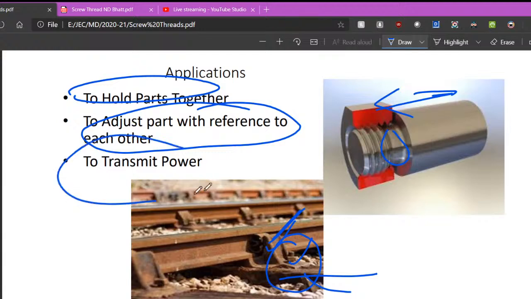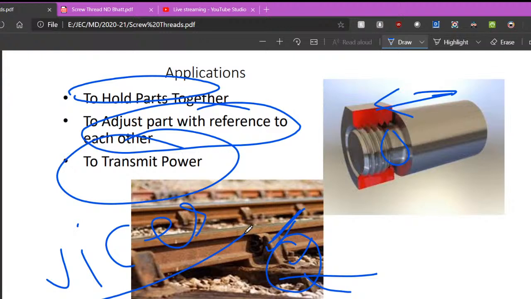Again, threads transmit power, like in a screw jack or vices where you hold the parts for various cutting and finishing purposes, like bench vices. Threads are also used to transmit power and, by pressing, hold the parts together.